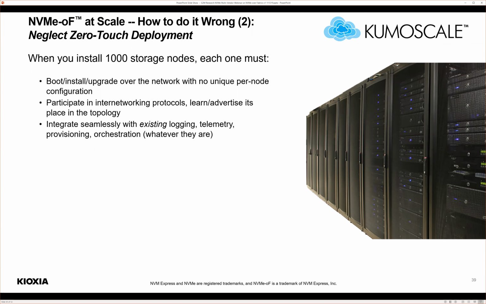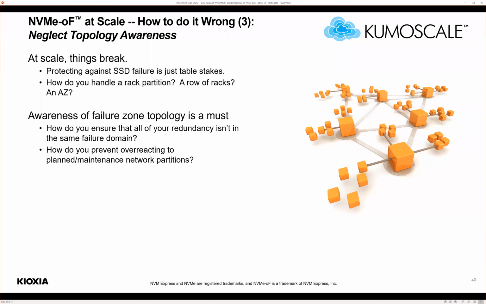There's a lot of work associated with taking a product that works very well at small scale and making it installable at large scale. And then along those same lines, a mistake that would be easy to make is to neglect topology awareness. At scale, as we know, things break. We all have to protect against SSD failure, but that's really just table stakes at this point. How do you handle a rack being partitioned or a row of racks being partitioned from the network? The first-tier public cloud guys have handled this at great expense.